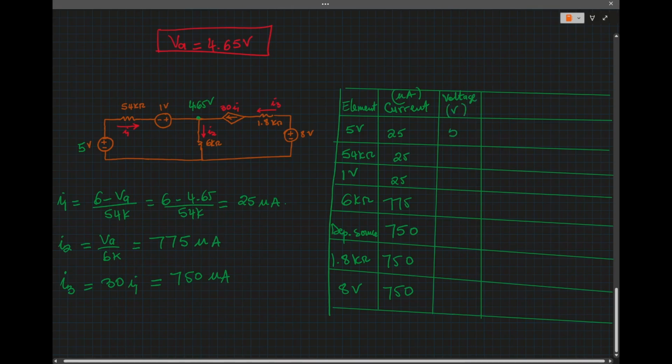So we have 5 volt here, and the voltage here, which is 54K times I1.